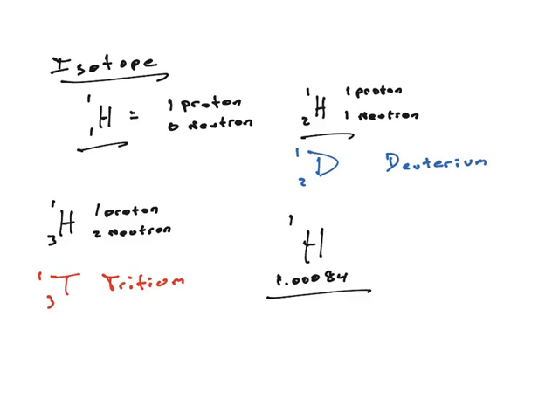What this is saying is that if you take the percentage of hydrogen in the universe that's hydrogen 1, plus the percentage that's hydrogen 2 or deuterium, plus hydrogen 3 or tritium, and you add all of them up and average the total mass, this is the average you get. So obviously this is showing the vast majority of hydrogen in the universe is regular hydrogen.